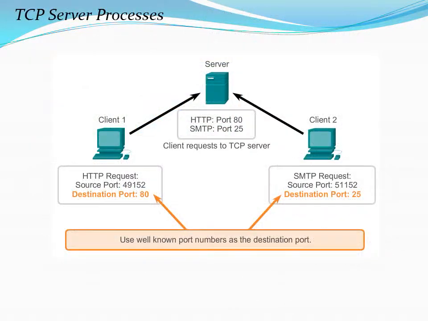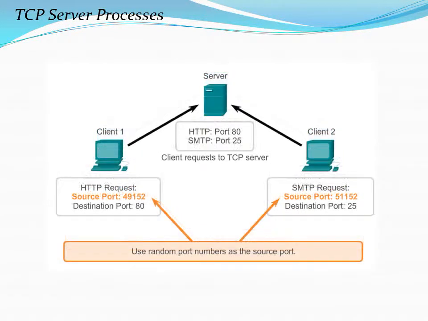TCP server processes. Application processes run on servers. A single server may run multiple application processes at the same time. These processes wait until a client initiates communication with a request for information or other services. Each application process running on the server is configured to use a port number, either by default or manually by a system administrator.